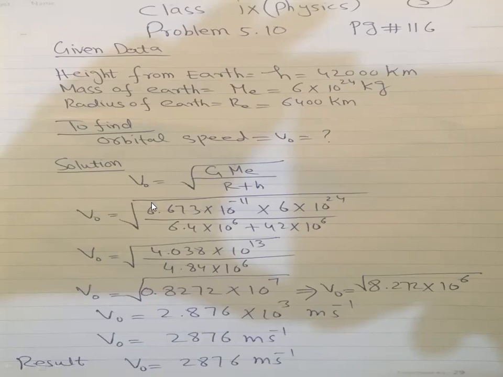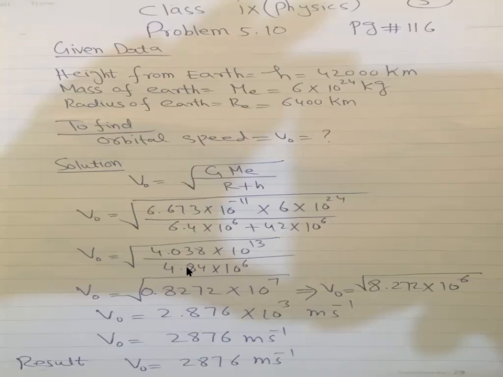So how do you solve? You multiply these and add the powers, since when the bases are the same, powers are added. So 24 minus 11 gives 13. If you take 10 power 6 common from the bottom, what is left is 6.4 plus 42.